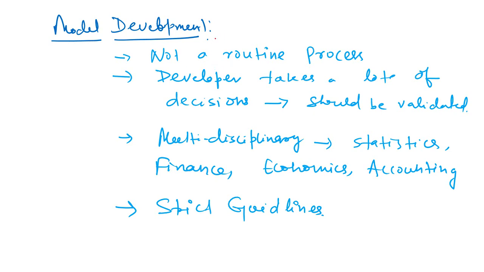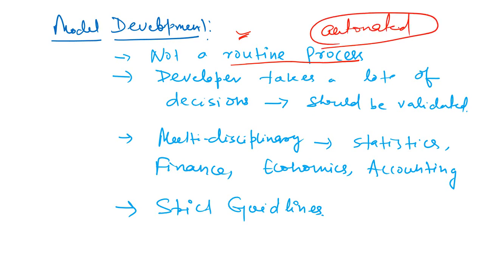So what happens in model development? Model development is not a routine process like any computer program, where you write a program and you just put it somewhere in the repository, and whenever you want to run it, you just call that particular program, right? Model development cannot be automated, because it involves a lot of human decision making.